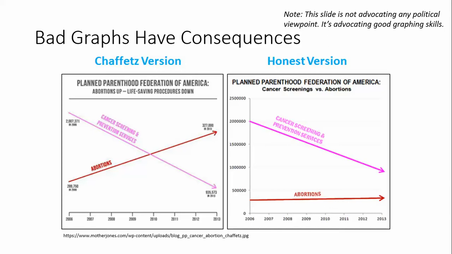And note, I'm not trying to advance any political viewpoints. All I'm trying to say is graphs matter. Axes matter and units matter because without them, you can provide misleading information. If that is a drug trial or if it is an experiment trying to decide on life-saving treatments, that can cost lives.